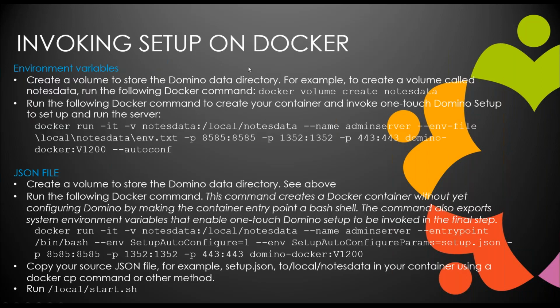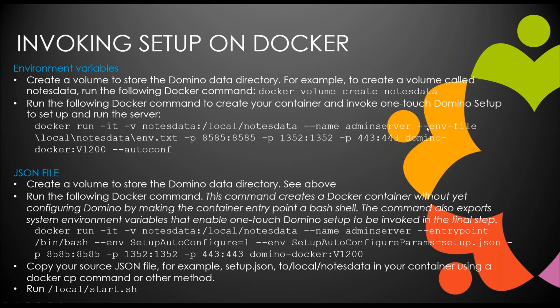On Docker, it's slightly different. You need to create a volume to store the data directory, typically called nodesdata. So you run the Docker command, docker volume create nodesdata. And then you run this command that I put here below. I'm not going to read it. That creates your container, invokes the one-touch Domino setup and runs the server.